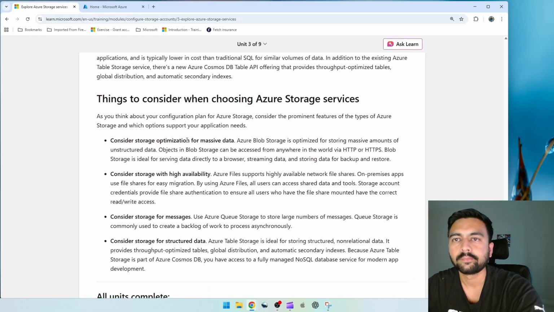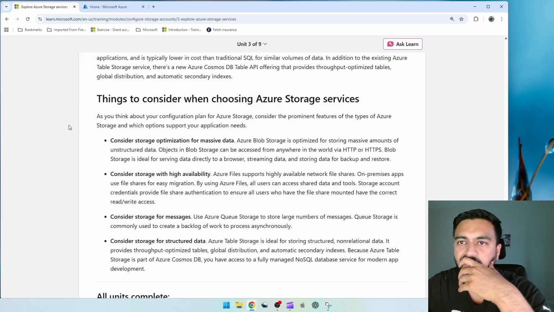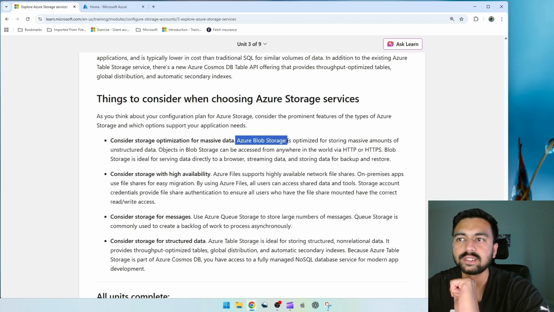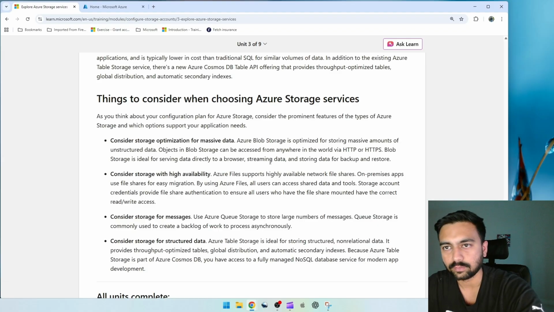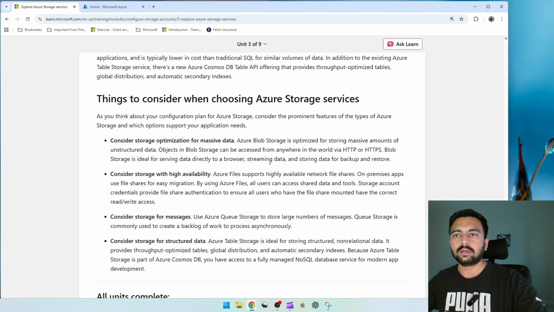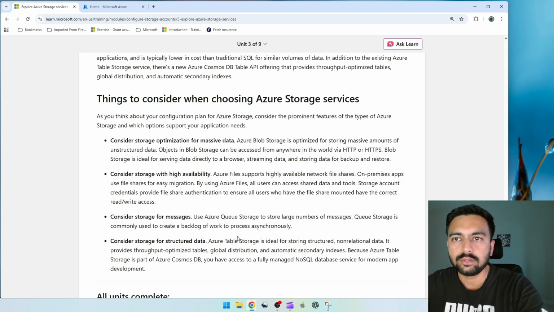Things to consider when choosing Azure storage services. These are basically use cases of the different types of storage accounts that we use. Blob storage: why would you consider getting blob storage? We already saw the examples, but this is a generalized use case for storing massive amounts of unstructured data.